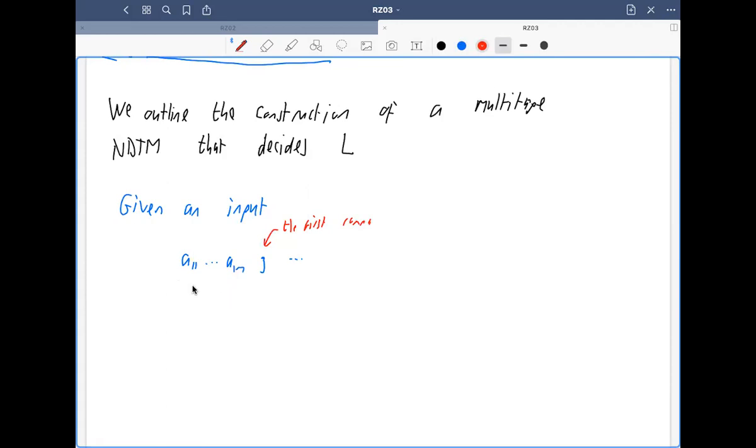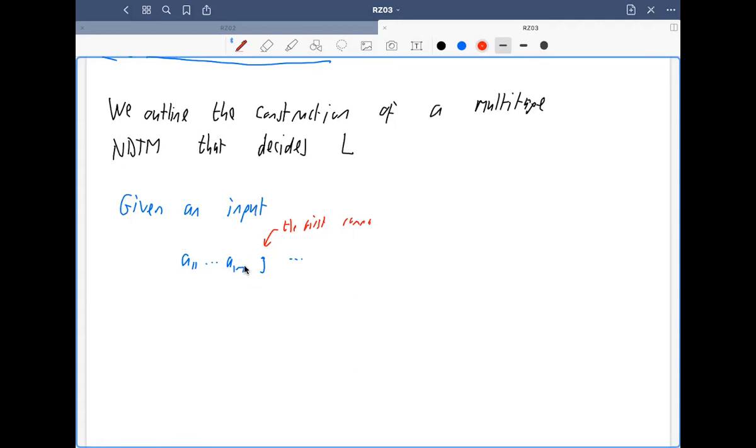But what we can do to begin with is just guess a subset of the m vertices, and then we can check that it has size k, and then if it has size k, we can check if it's an independent set. So we're going to use non-determinism to just guess some arbitrary subset of the set of vertices. Then after that, we'll check it's the right size, and then if it is the right size, we'll check that it's an independent set. Or we could do that in the other order, it doesn't matter.